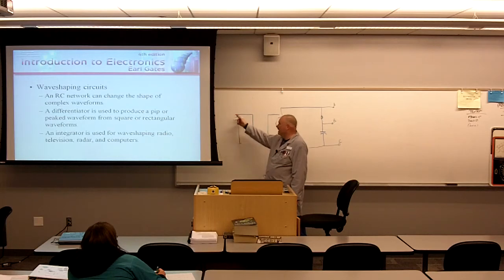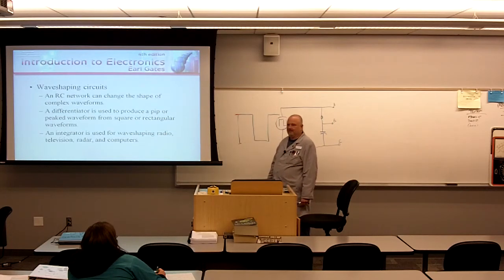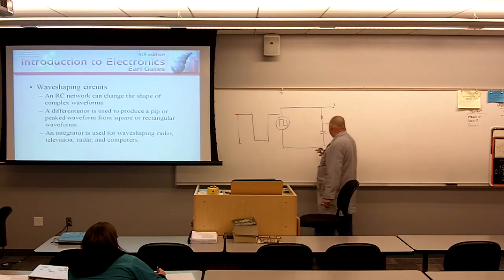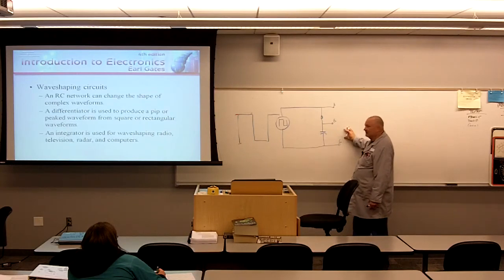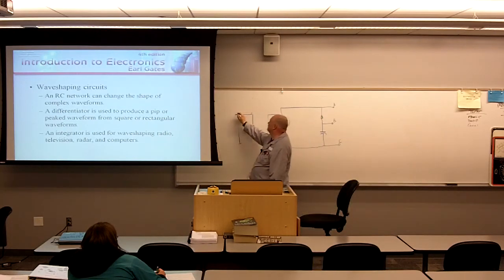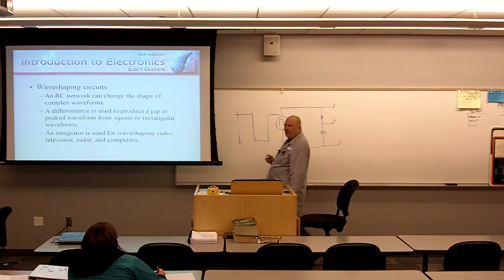It's going to slow it down. But what's the capacitor going to do in this amount of time right here? Charge. So if I took an output across the capacitor between time 0 and time 1, what would it look like?